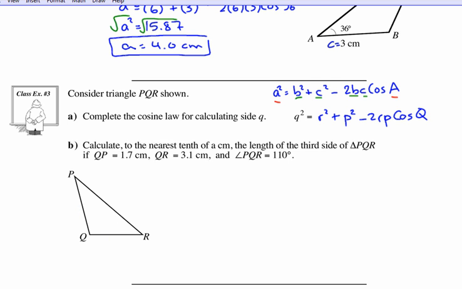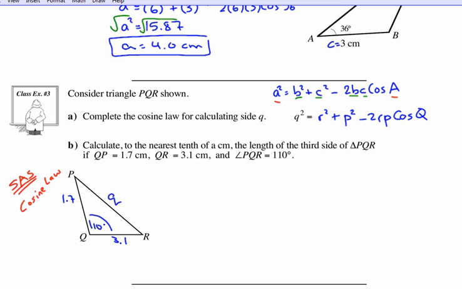So let's fill in what we know. We're looking for side q. They tell us that qp is 1.7, qr is 3.1, and angle PQR is 110 degrees. So we're set. We want to use the cosine law because we know two sides and a contained angle. Side, angle, side is when we use the cosine law.